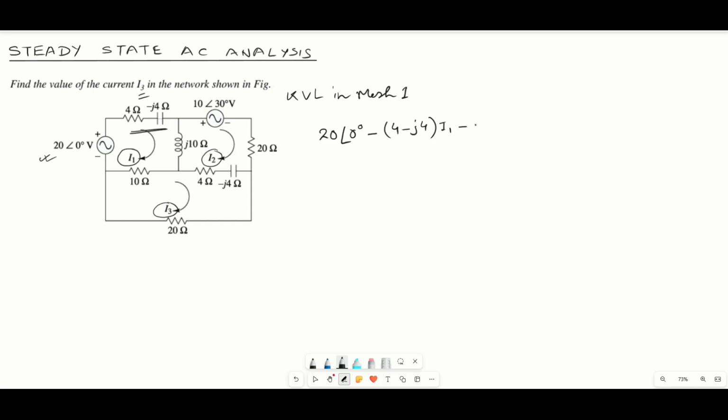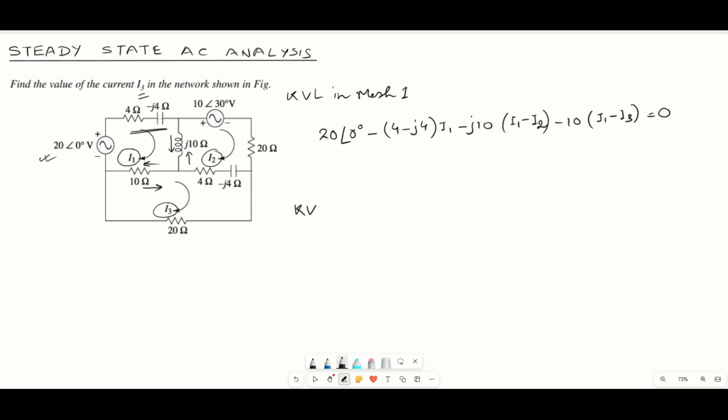Then minus J10 times (I1 minus I2), because I1 is moving in this direction and I2 in the opposite direction, so it will be subtraction. Finally, the last impedance, 10 ohm multiplied by (I1 minus I3), as I1 is in this direction and I3 is in the opposite direction for the 10 ohm. So this is the equation for mesh 1.